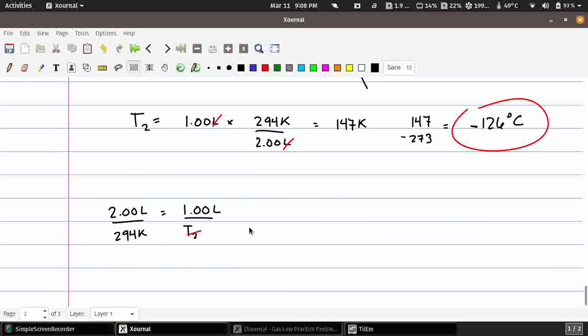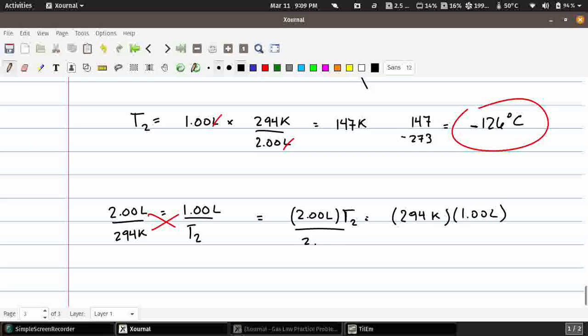Alright, so let me fix this so it's all nice and neat. So all you do is this. You're going to end up with the same thing that I just wrote. So you're going to have 2.00 liters times T2 equals 294 kelvins times 1.00 liters, divided by 2.00 liters.